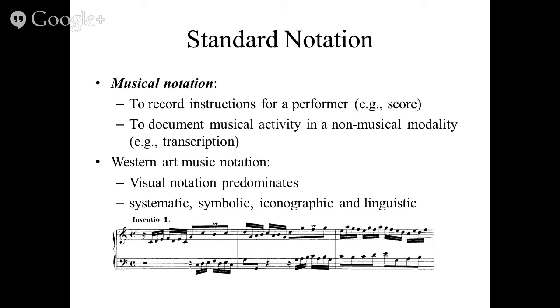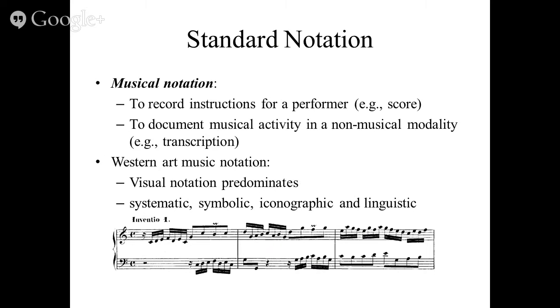So musical notation can take a lot of different forms, but visually written out notation is what predominates. And the example that I've given at the bottom is from a piece by Johann Sebastian Bach, his Inventions and Sinfonias for keyboard instruments.